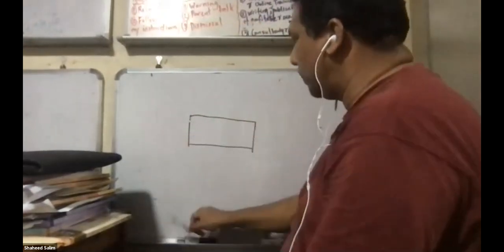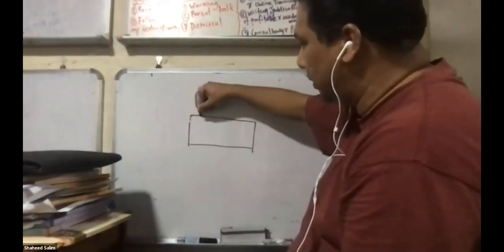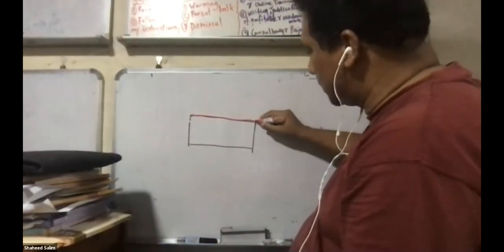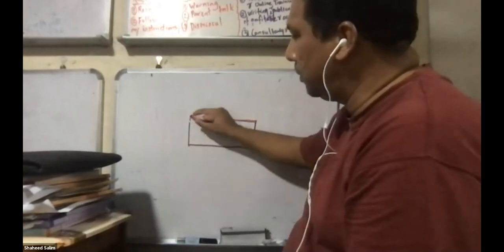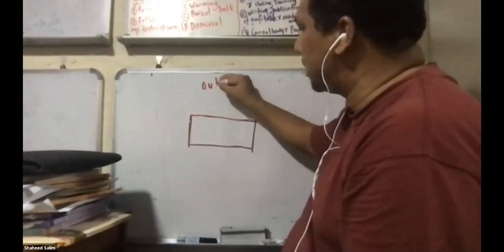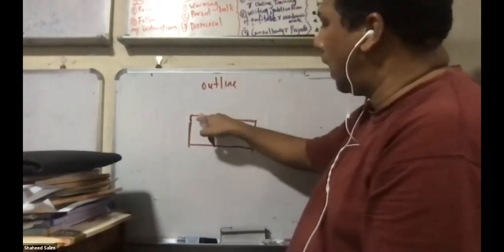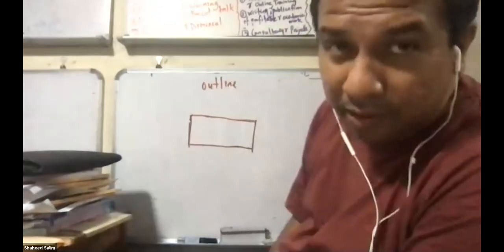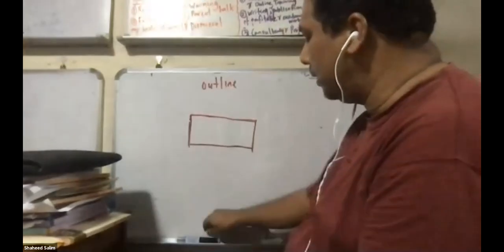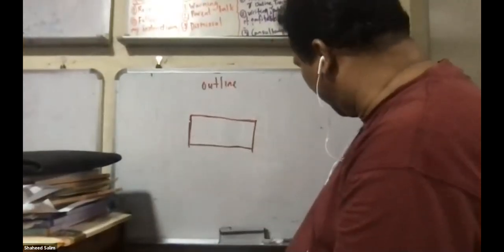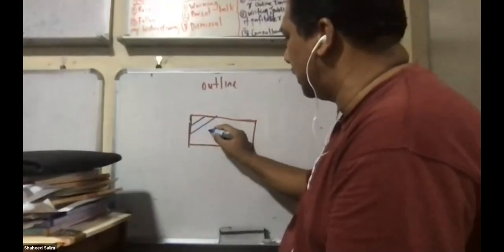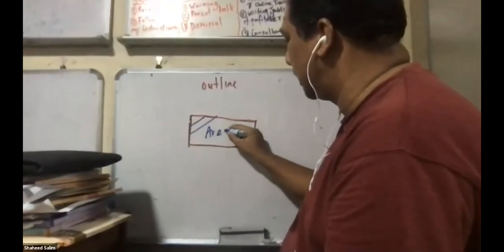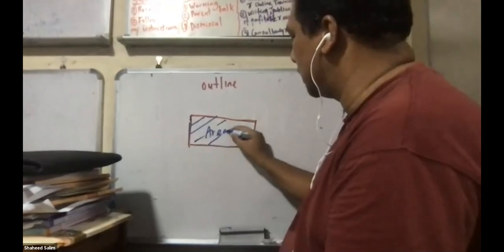I can draw the perimeter on the outside. Perimeter means outline, the line on the outside. Area is the space on the inside. This is area, the space on the inside.